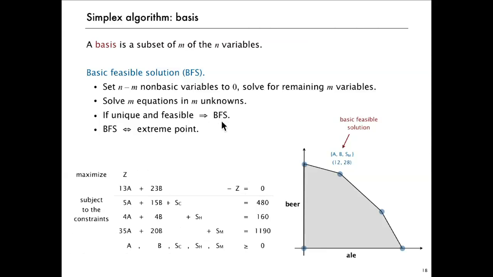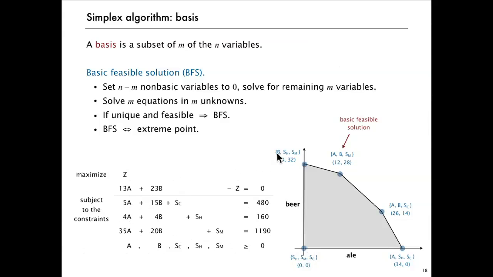The idea is that a basic feasible solution corresponds to an extreme point on the simplex. So for example, if all the slack variables are in the basis, then we set the others to 0, we set a and b to 0, then that's what that says. That's the value of a and b when the slack variables are all in the basis.